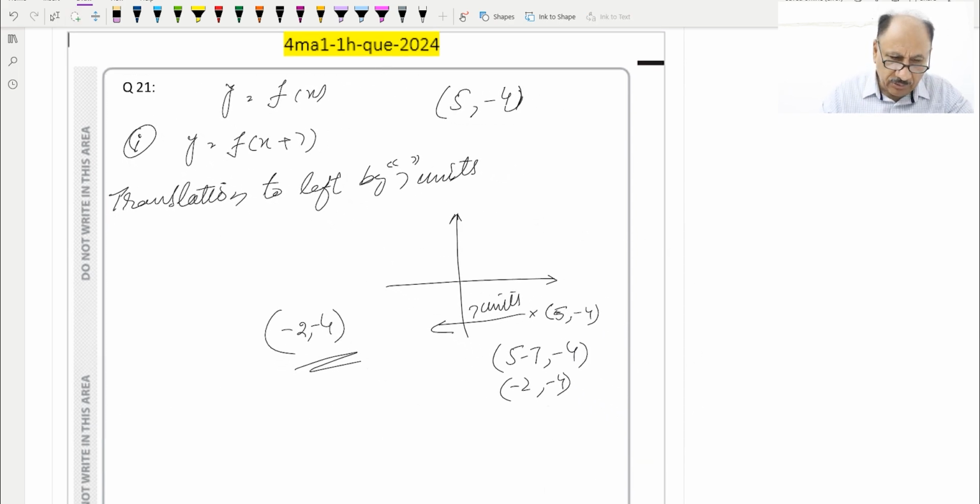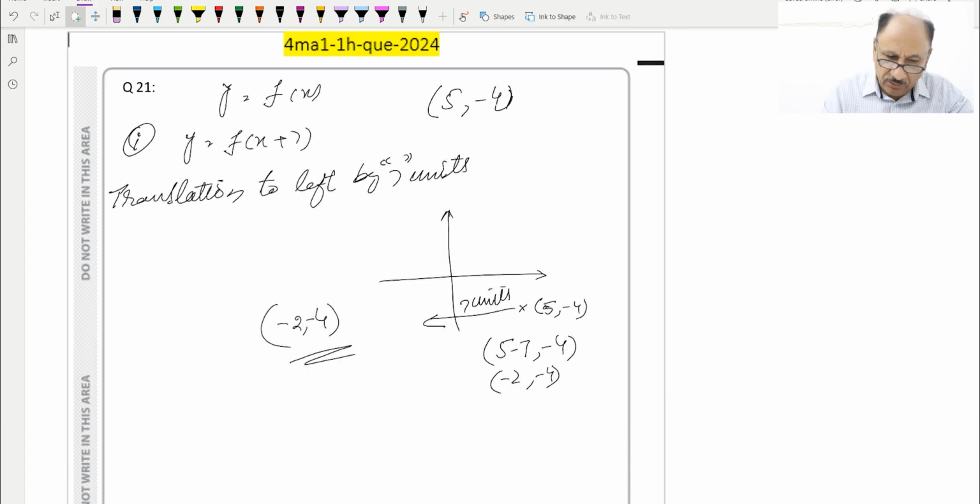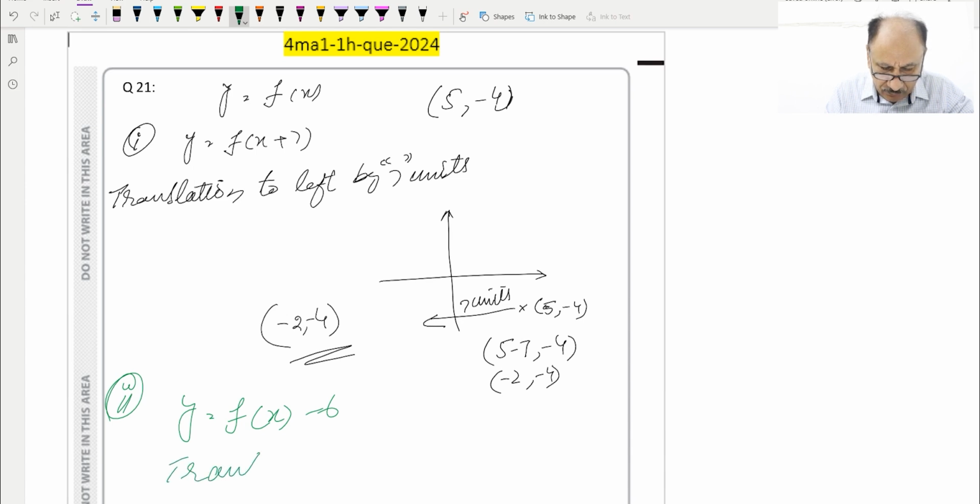That's fine. Now we can write the second part, and the second part says y is equal to f of x minus 6. So this will be a translation. Whenever it is f of x minus 6, it is a translation down by 6 units.